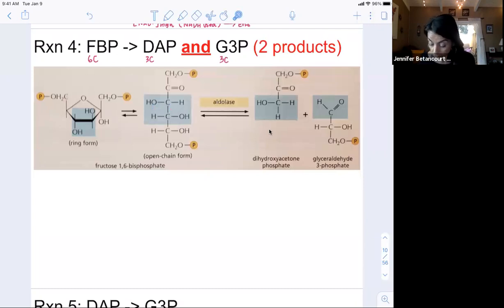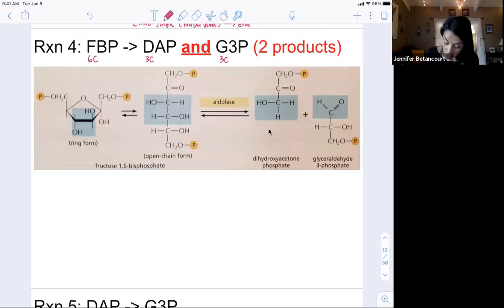Okay, and so that's essentially what happened here. No extra phosphate groups were added or removed. So aldolase is not a heavily regulated enzyme. It doesn't require an extra phosphate group. It does use energy from the cell to do this, though. Anything in the cell that happens, you're using cell energy.